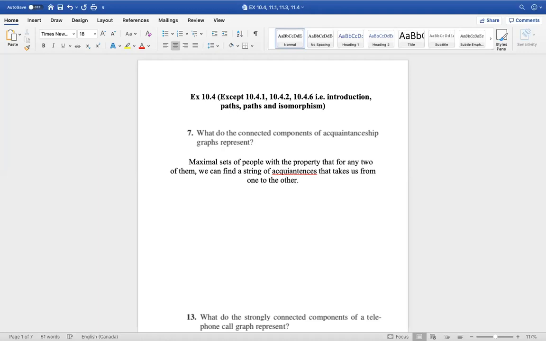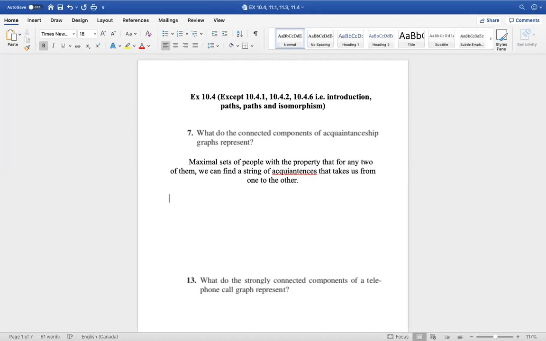Basically, in these connected components we find a string, in other words an edge between two vertices, which can take us from one to the other. So this is more like a theory question.